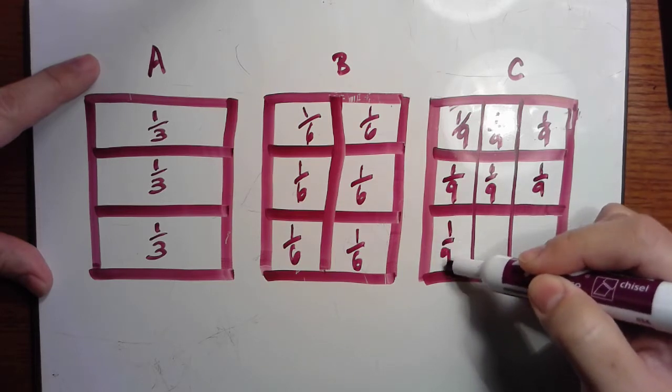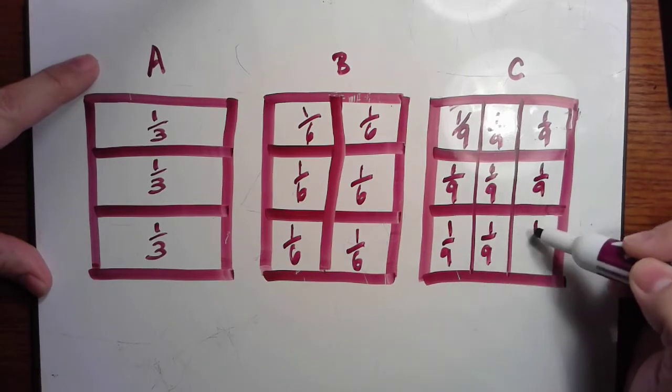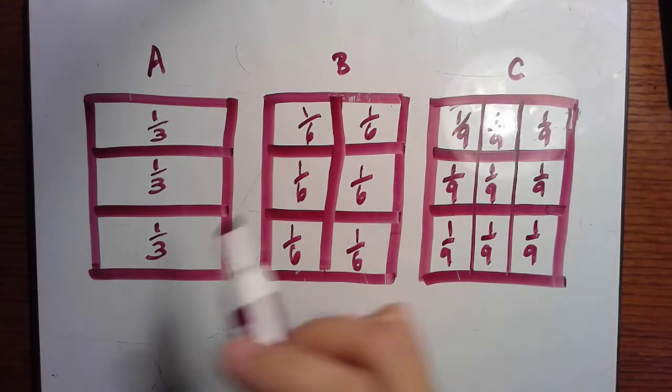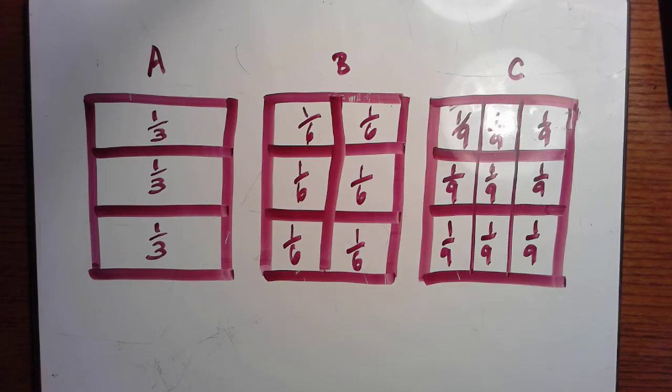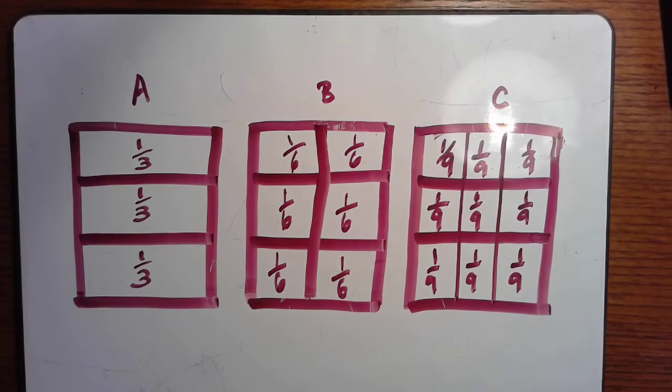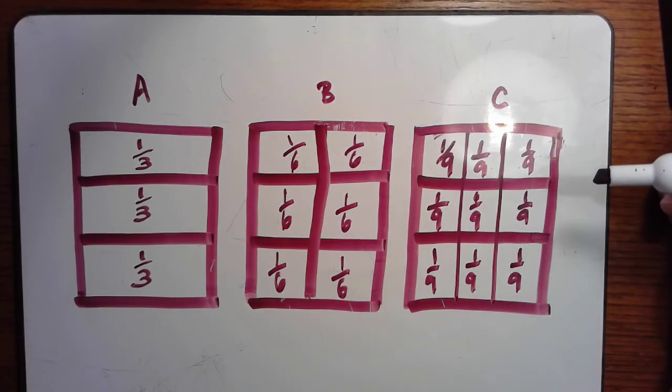So this is the first step. I just wanted to split these rectangles up in different ways with a different unit fraction. And now comes the hard part, where we start to talk about or explain equivalency. You're going to need to explain it in your answers in your workbook today.